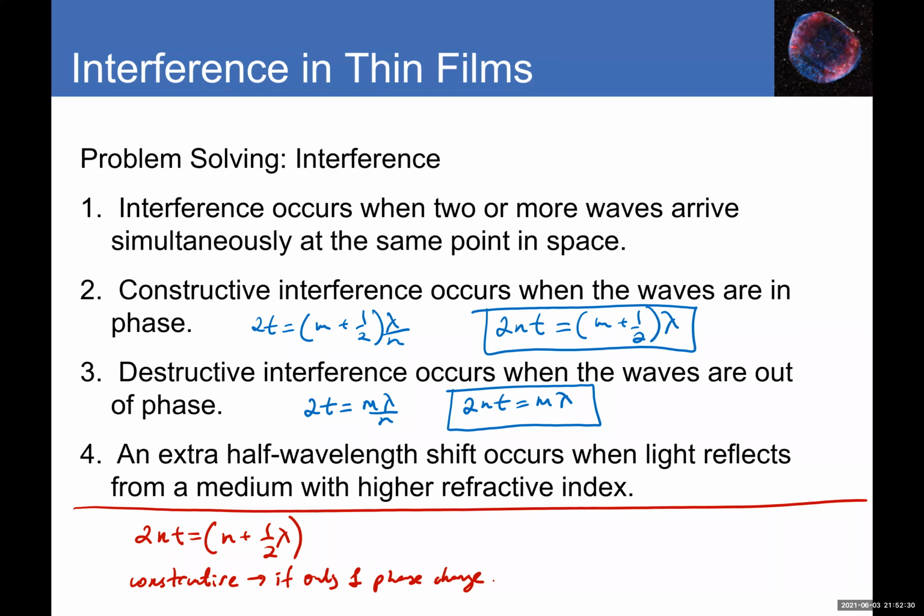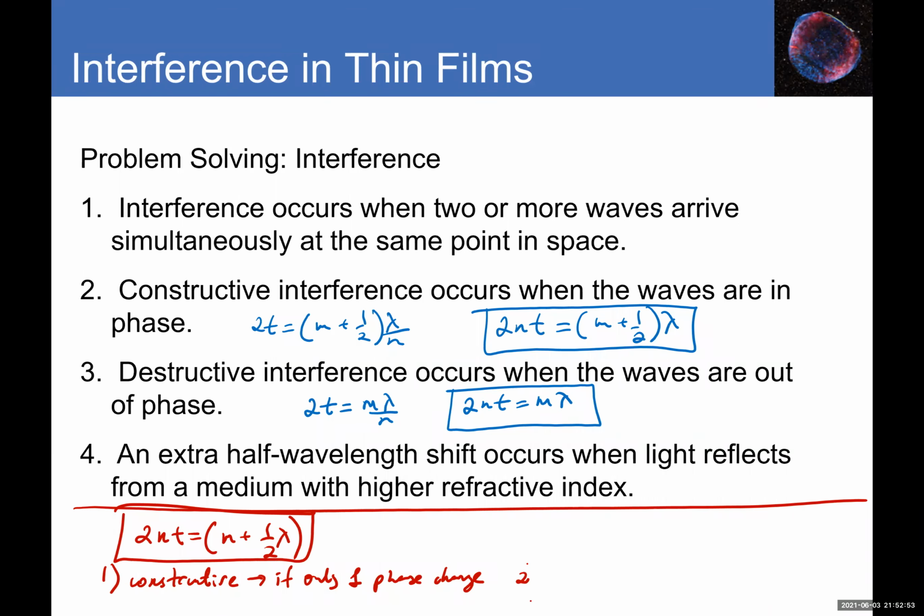But then this becomes destructive with either 0 or 2 reflective phase changes. That means this equation has two conditions. Condition 1, it's an equation for constructive if only one of them undergoes phase change but not the other one. That's why I used this for the previous example.